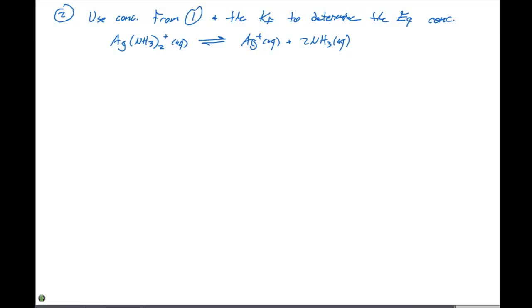This equilibrium constant is abbreviated by Kd, which means it's a dissociation constant. And the Kd is going to be 1 over the Kf, or 1 over the formation constant. For this particular reaction, the Kd is going to be equal to 6.3 times 10 to the minus 8th.